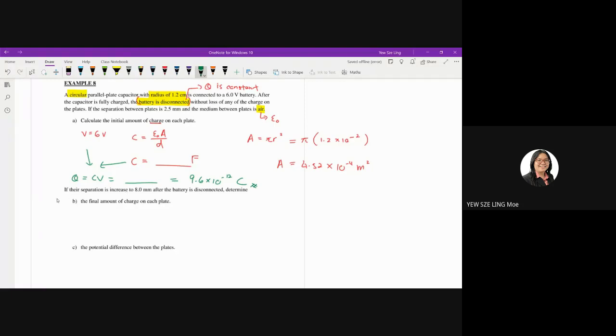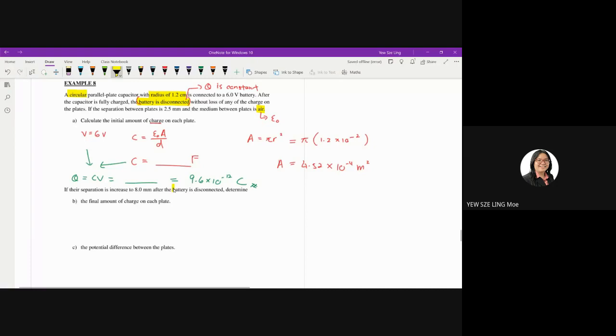Now, what happens next? If the separation is increased to 8 mm after the battery is disconnected, calculate the final amount of charge on each plate. This is actually a very tricky question. Why?